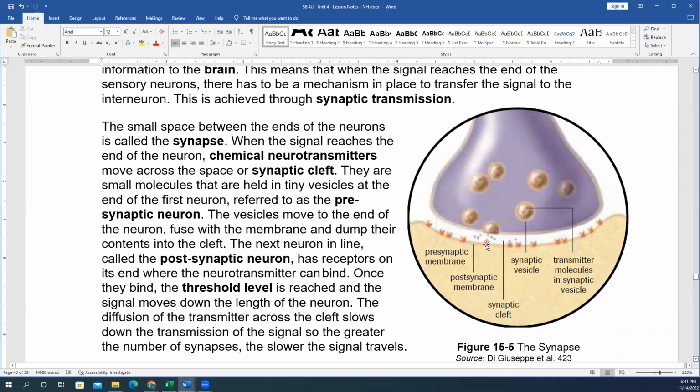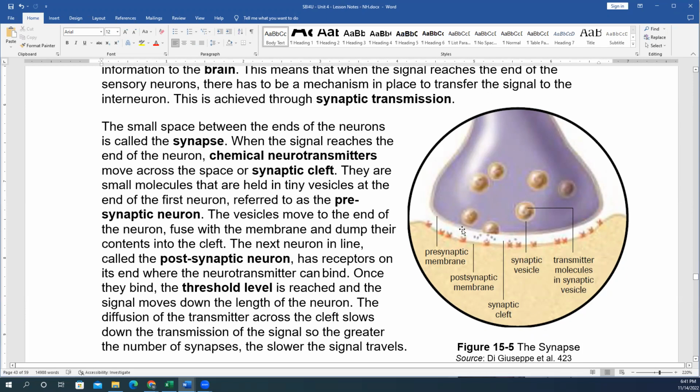Once they are bound to these receptors, a threshold level is reached, which allows the signal to move down the length of the neuron and travel once again down the axon.